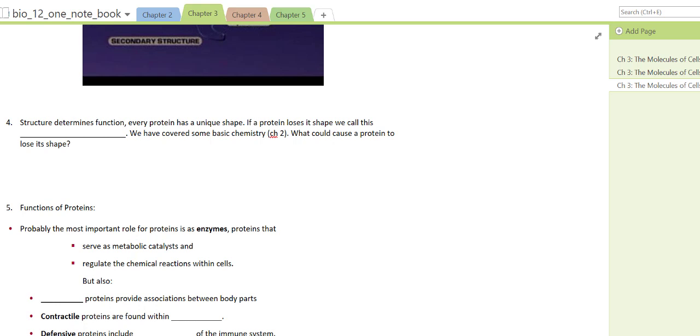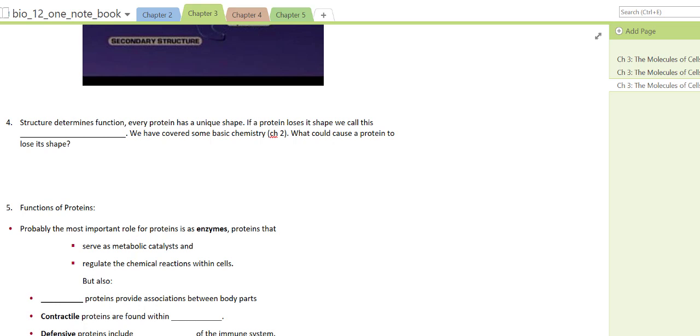Now, what's important here, the main theme I've tried to emphasize besides homeostasis, the theme of human anatomy and physiology, is that in order to maintain homeostasis, structure serves function.